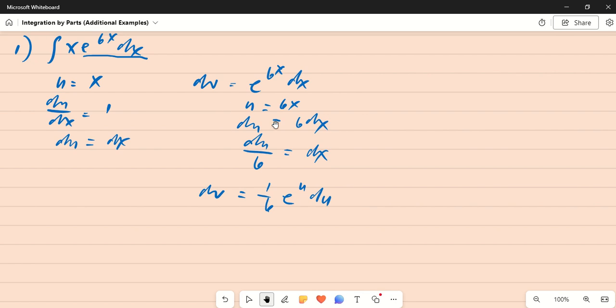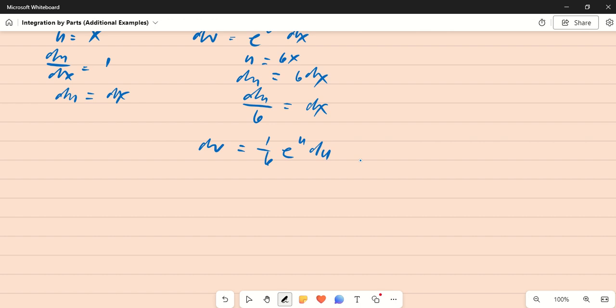Please bear in mind that we are getting here the integral of dv to get v. And you cannot get the integral of e raised to 6x dx right away without using the substitution method. So here, we can now get the integral. So you have the integral of dv is equal to 1 over 6.